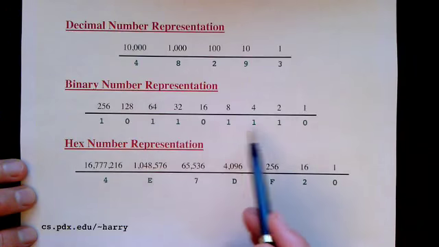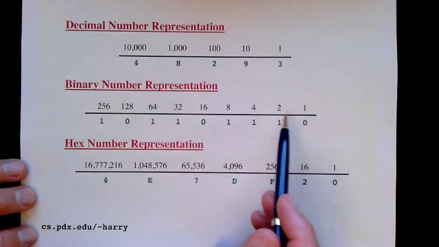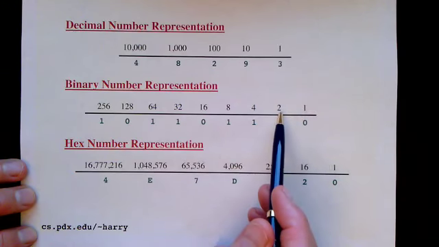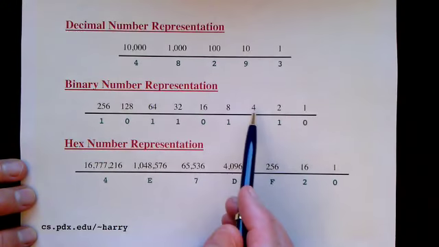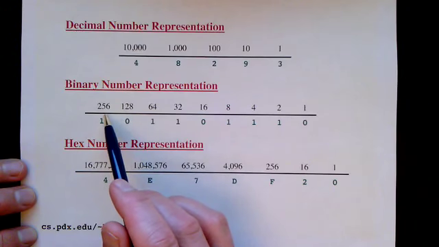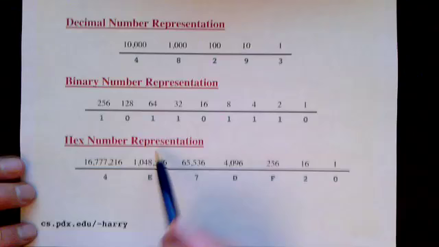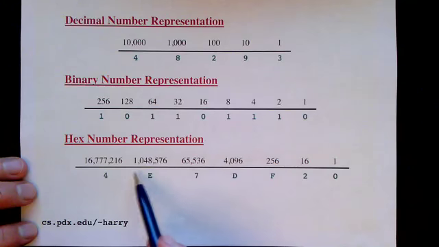101101110. And the place values always start with 1. And then the base, 2. Here the base is 10, here the base is 16. In the case of the binary numbers, they just double: 4, 8, 16, 32, 64, 128, 256. And here we have a number in hex, and it would be read off as 4E7DF20.